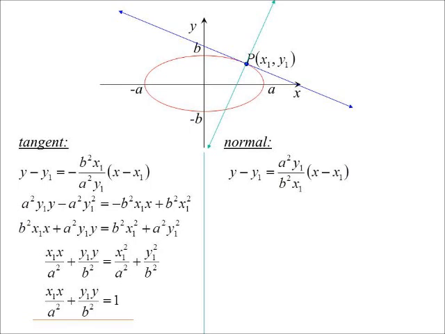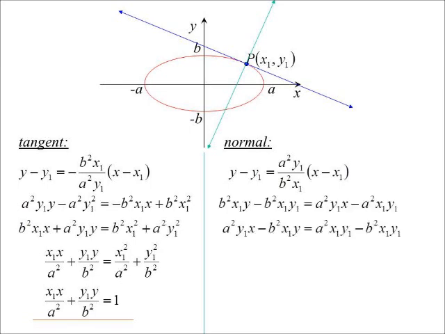There's still a lovely relationship. Let's see what happens. It's just not quite as nice as the other one, I don't think. So invert, negative inverse, sorry, for the slope. Multiply out. Now this time, I'm going to divide everything by x1, y1. Now why do I want to do it that way?